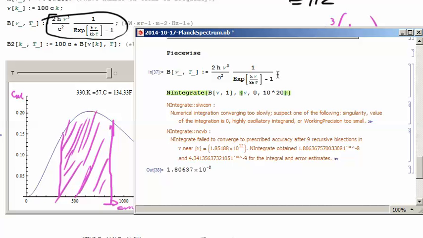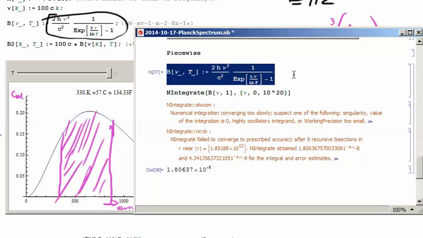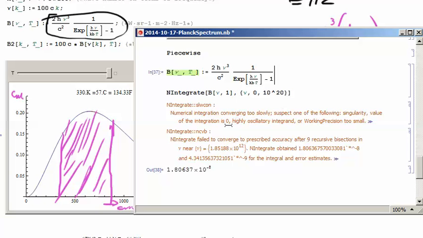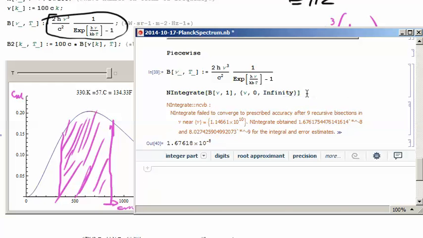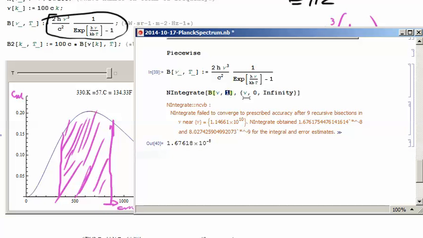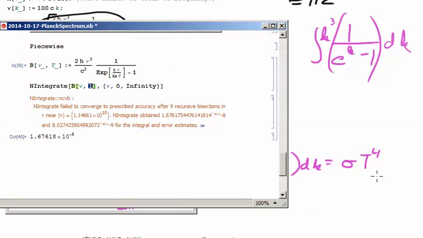So, though I am not good at doing integration, I was hoping that Mathematica might be. I was expecting that if I integrated this formula from frequencies of 0 to infinity, and used the temperature of 1 Kelvin, then it would make sense that we would get sigma times 1 to the 4th, sigma being 5.67 times 10 to the negative 8th.